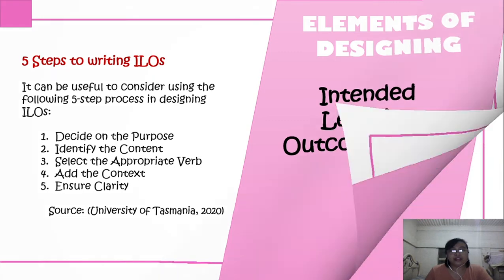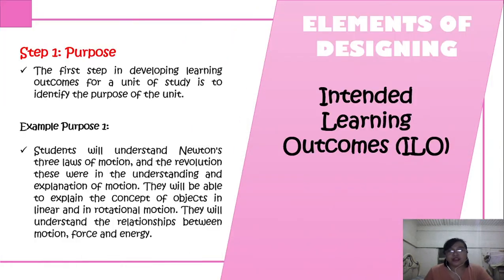For the first step in designing the intended learning outcome, we have the purpose. The first step in developing learning outcomes for a unit of study is to identify the purpose of the unit. This can be done by considering the questions: why is the unit being offered? What is it that students need to learn in this unit? What would you like the student to say?